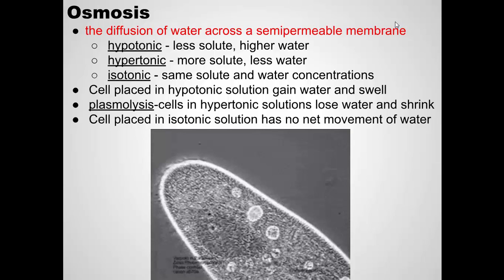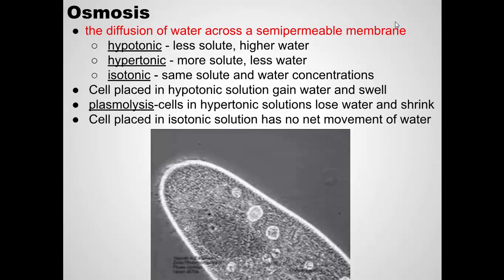Cells placed in a hypotonic solution gain water and swell up. When cells are placed in a hypertonic solution, they lose water, they shrivel, they shrink. That's called plasmolysis. And if a cell's in an isotonic solution, there's no net movement of water. They stay the same.